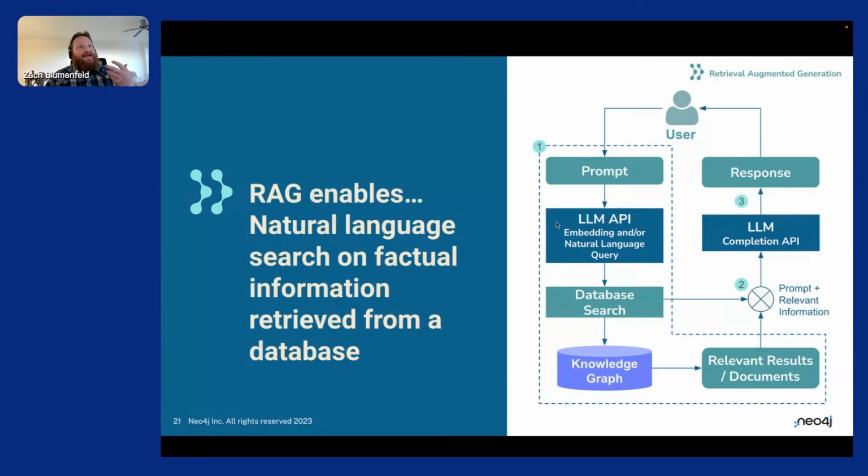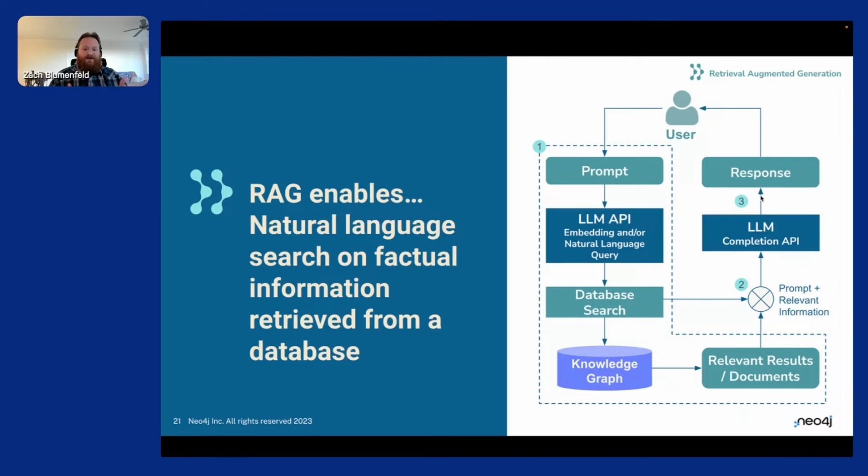This would be text and content embedding, not necessarily graph embedding, or a natural language query, or a combination of the two, to do a database search on your specific data that you need to answer this question for your user, like your own enterprise knowledge base. You pull those documents out and combine that with the original prompt to then send it to some completion API, which would then create an informed response.